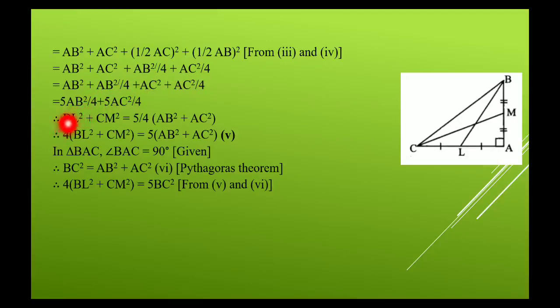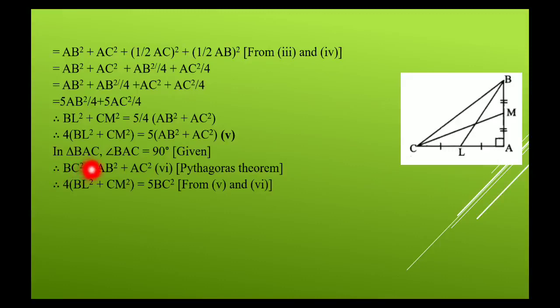When I do the calculation, I'll get 5 AB square upon 4 plus 5 AC square upon 4. This can be written as 5 upon 4 times AB square plus AC square. When I bring this 4 to the left hand side, it will go to 4 BL square plus CM square is equal to 5 AB square plus AC square.